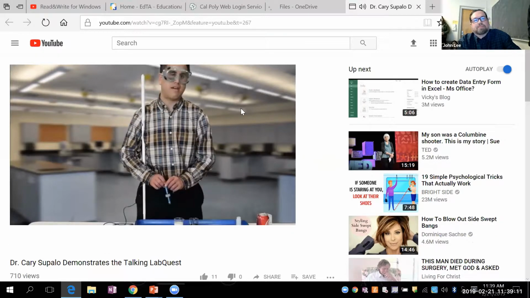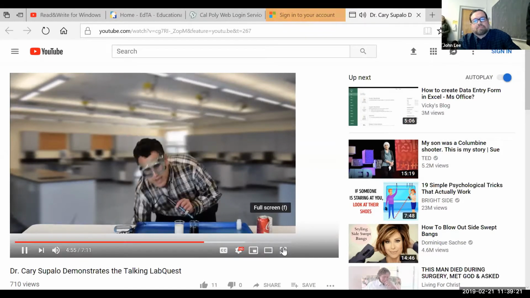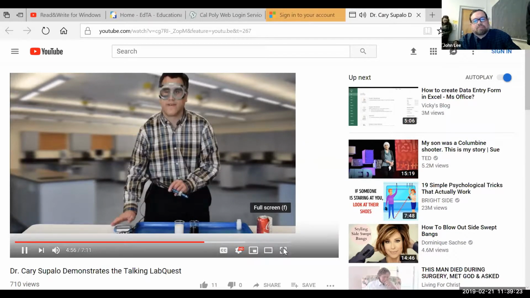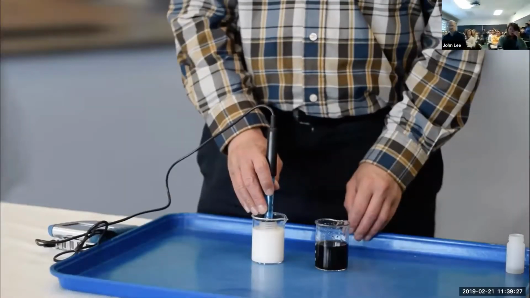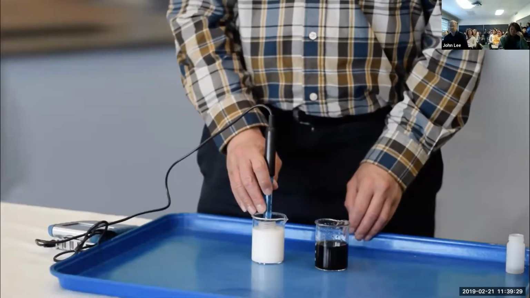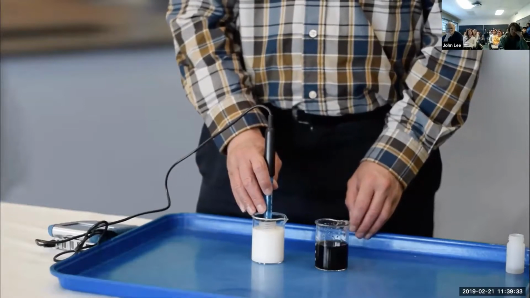And with this device I have in my right hand, called a Talking LabQuest, we will detect the pH of each solution to figure out if it's an acid or a base. Gradually increasing.